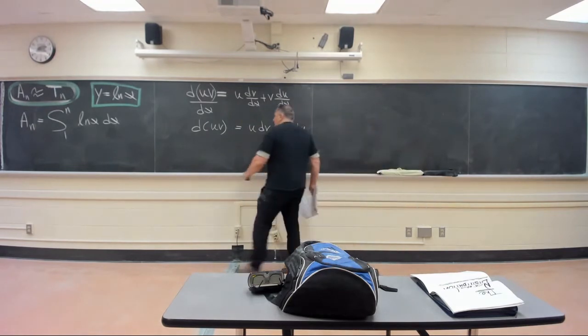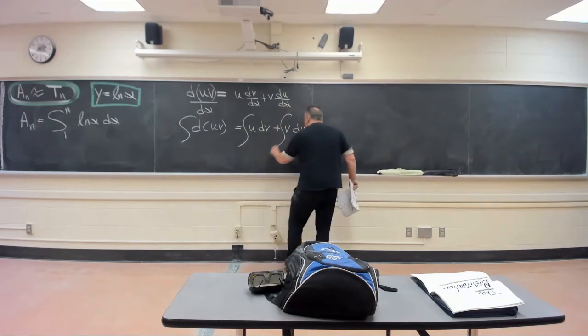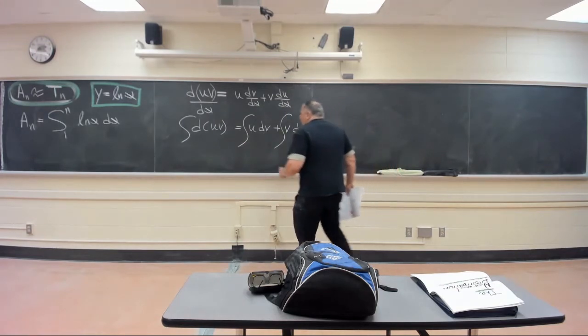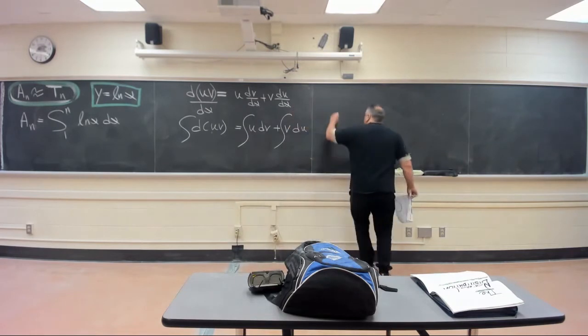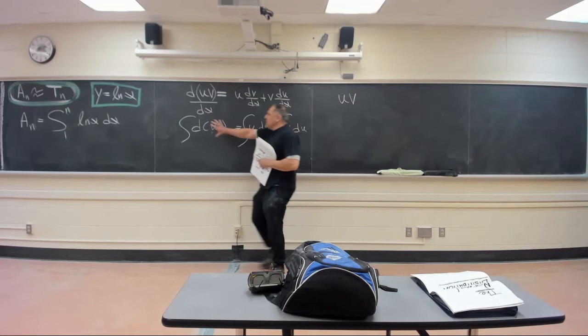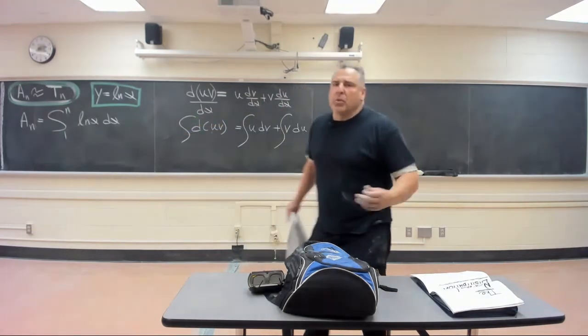If you integrate both sides, well, the integral of an entire sum is the sum of the integrals. This thing right here will give you uv evaluated between two limits. It can be a difference between two limits of integration.